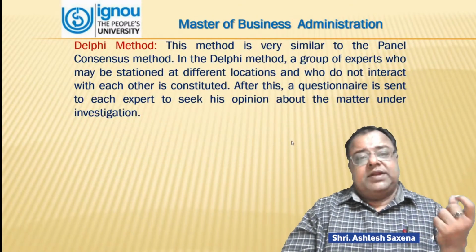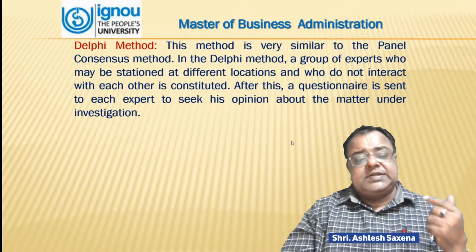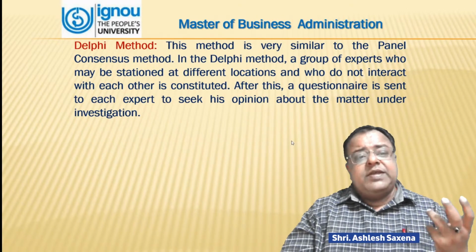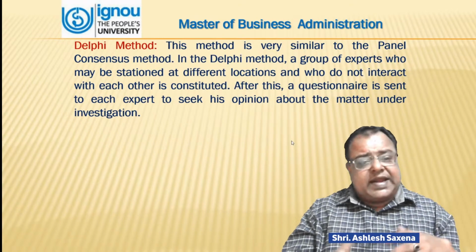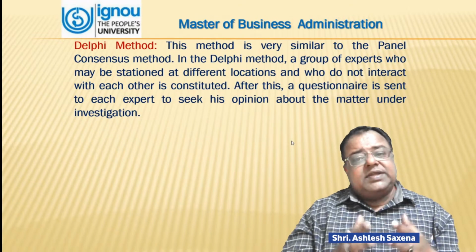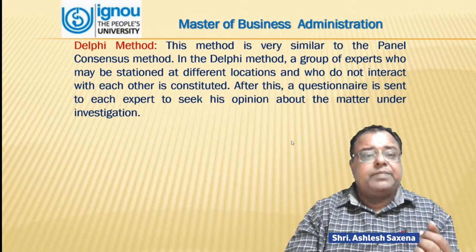Then comes the Delphi method. This method is very similar to the panel consensus method. In the Delphi method, a group of experts who may be stationed at different locations and who do not interact with each other is constituted. A questionnaire is sent to each expert to seek his or her opinion about the matter under investigation.